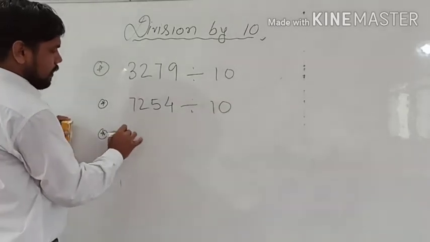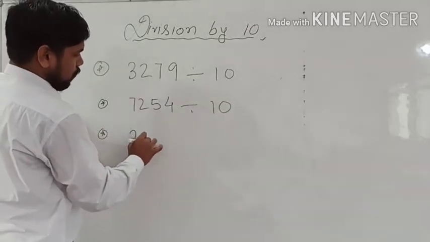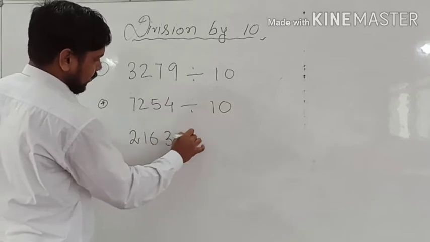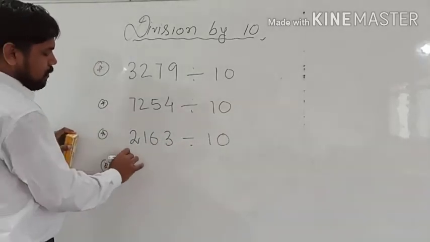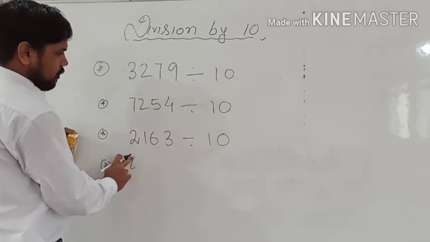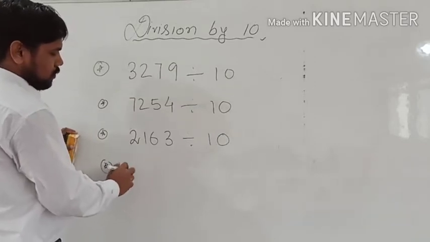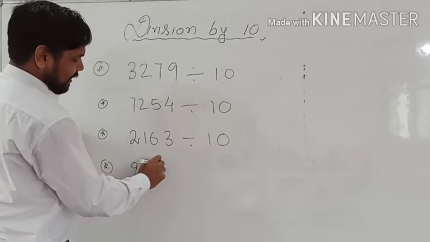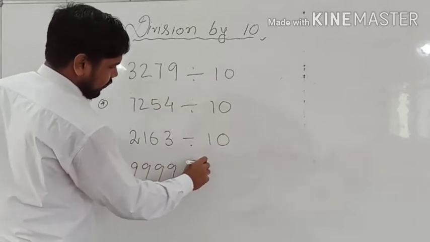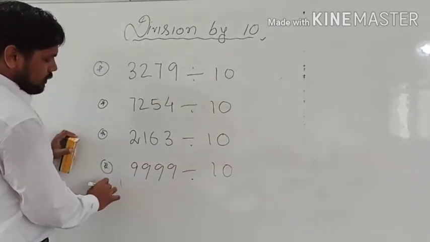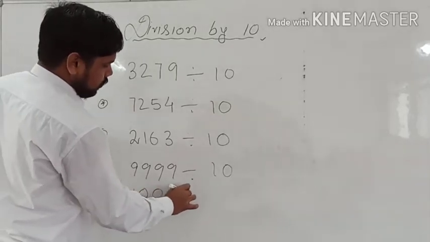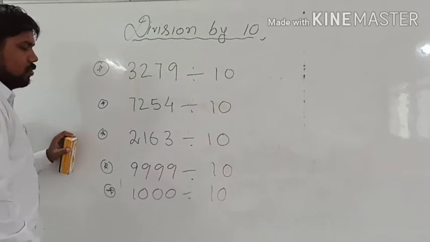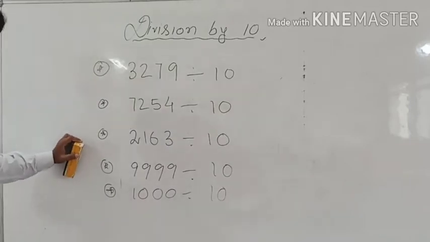Another example: 2163 divided by 10. Let's take one more example: 9999 divided by 10. Let's take one more example: 1000 divided by 10. So what will be the quotient in this case and what will be the remainder?